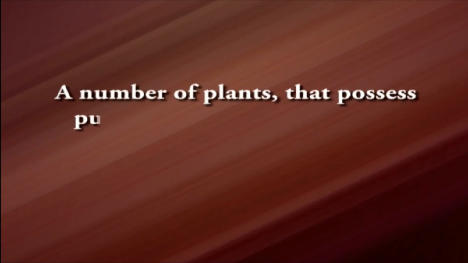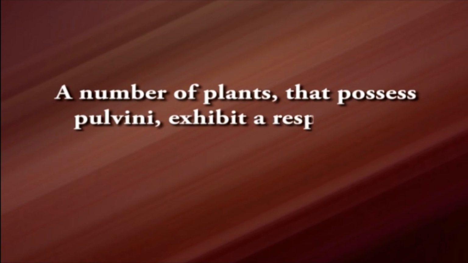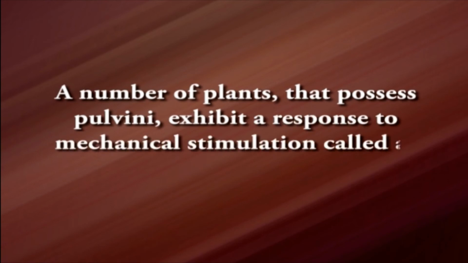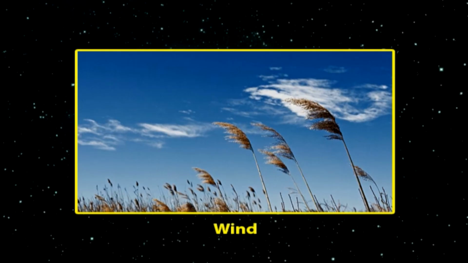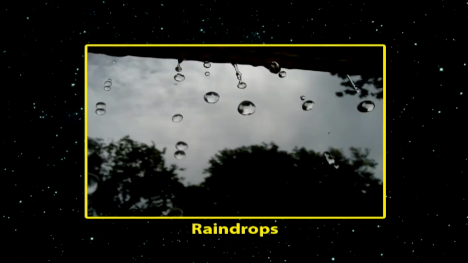The second type of nastic movements is seismonasty. A large number of plants that possess these pulvini exhibit a response to mechanical stimulation called seismonasty. These plants respond to a variety of stimuli including shaking, wind, raindrops, wounds by cutting, and intense heat or burning.